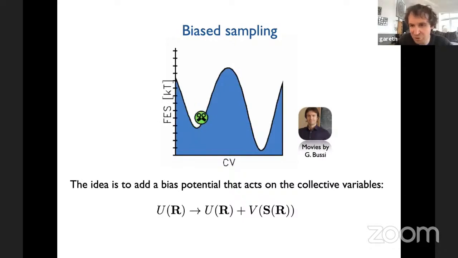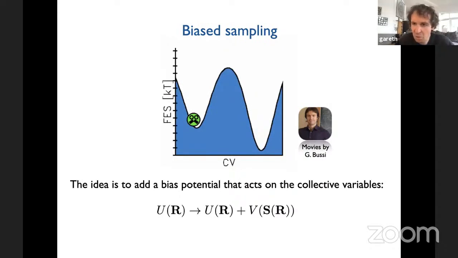And thus we're trapped in this basin. And so when we calculate the histogram, we get a probability distribution that is not close to the real distribution. So it's not the correct free energy that we extract from that simulation, because we've not sampled all of CV space and all of phase space.